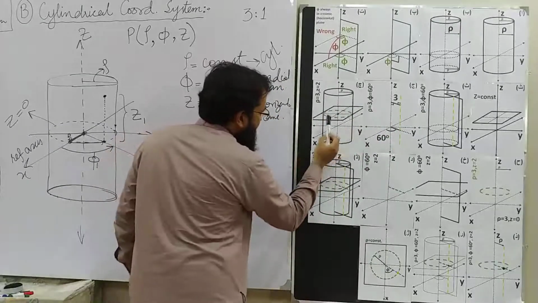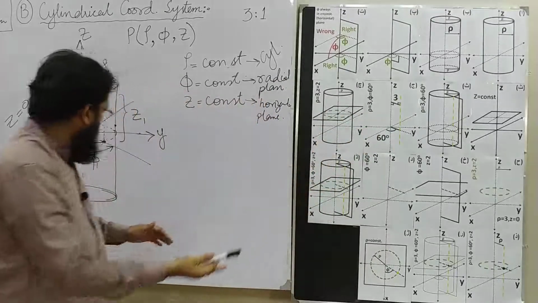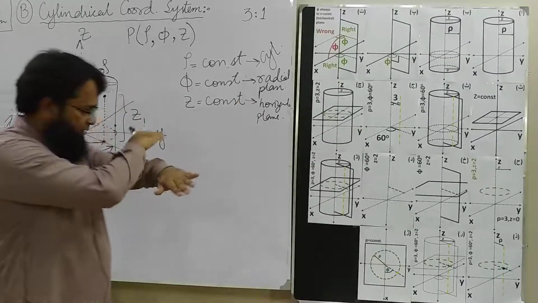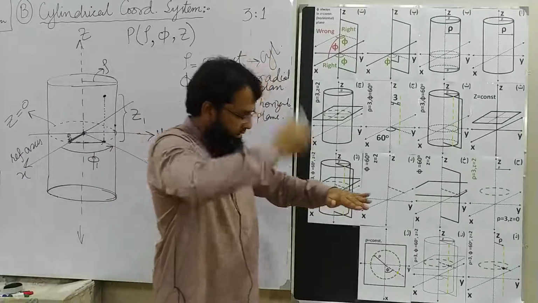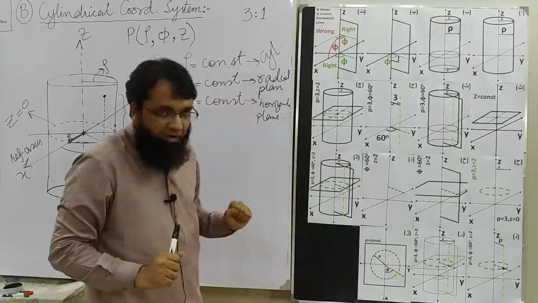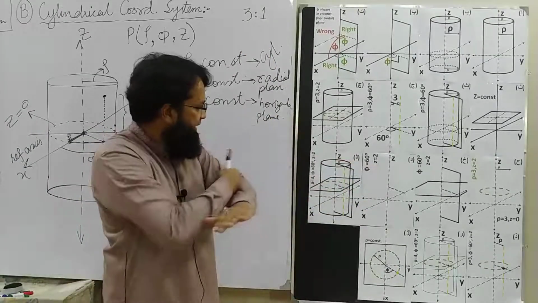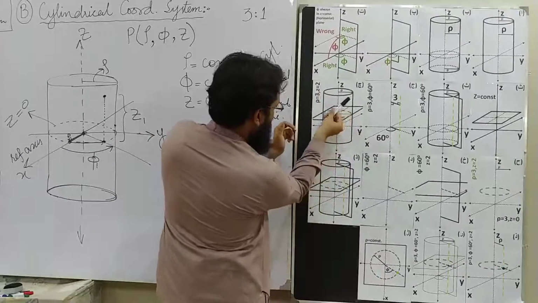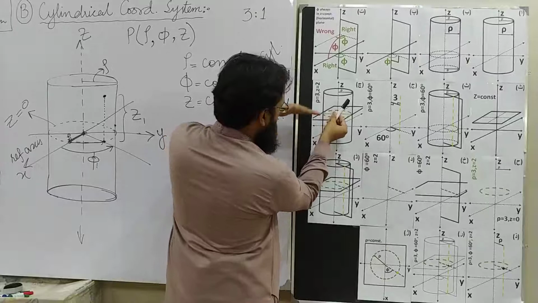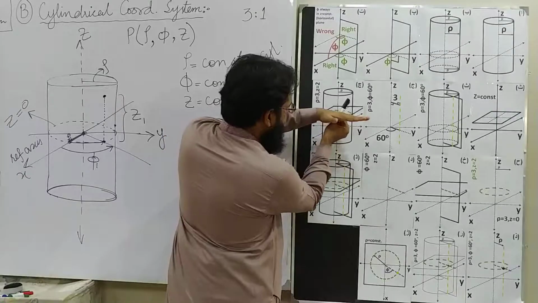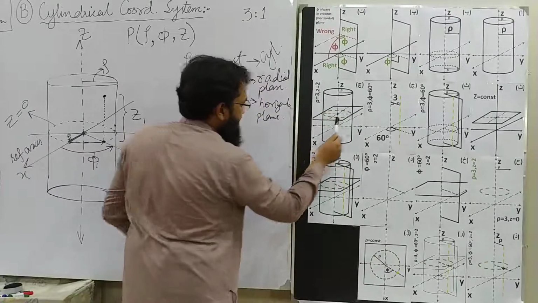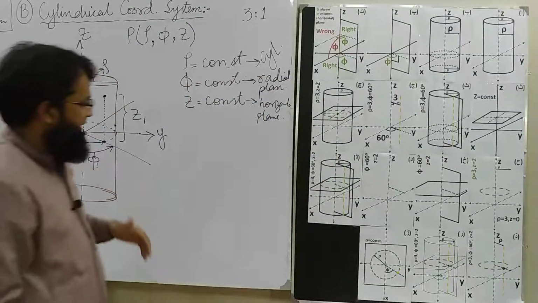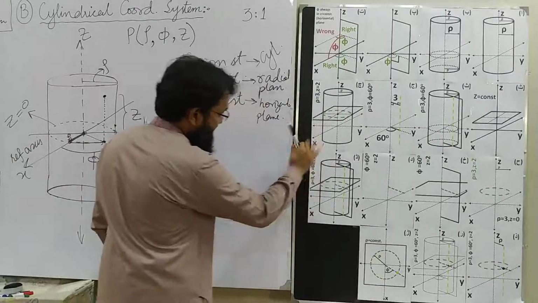As we have already discovered, if a horizontal plane and the cylinder intersect perpendicular to each other, meaning the cylinder makes no angle with the horizontal plane other than 90 degrees, in that case we will get a circle.